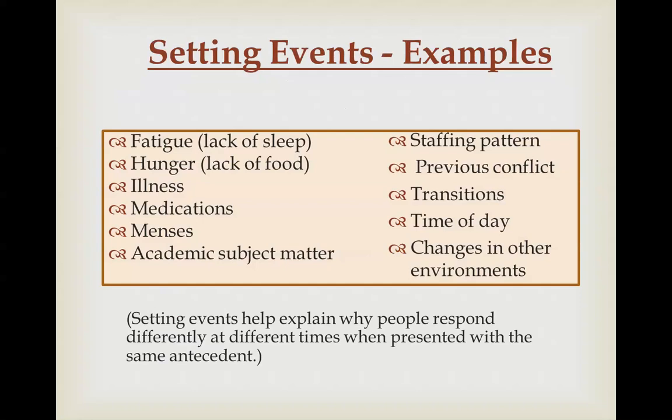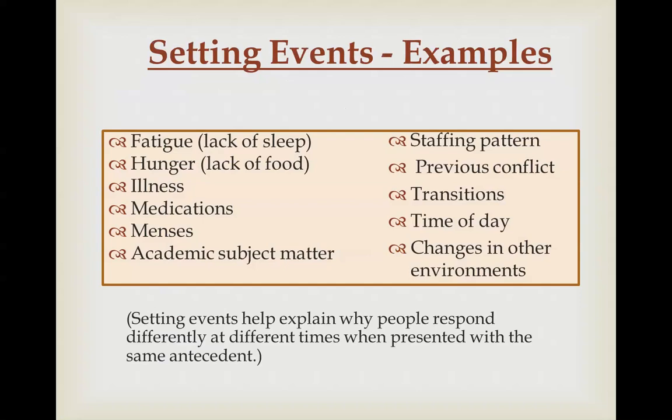So if you look at the phrase at the bottom of the slide that's up now, setting events help us explain why the antecedent triggers the behavior sometimes, but not at other times. And so unless the antecedent literally triggers the behavior every single time, there must be a setting event, right?